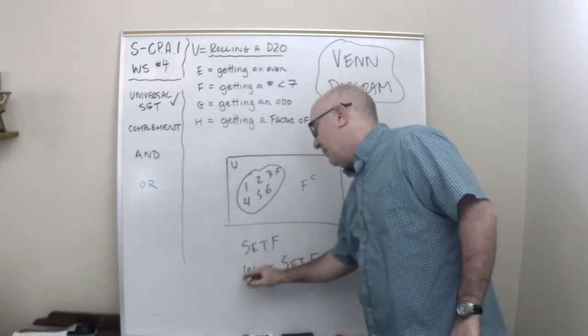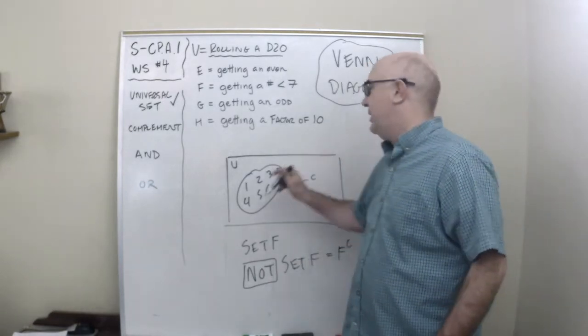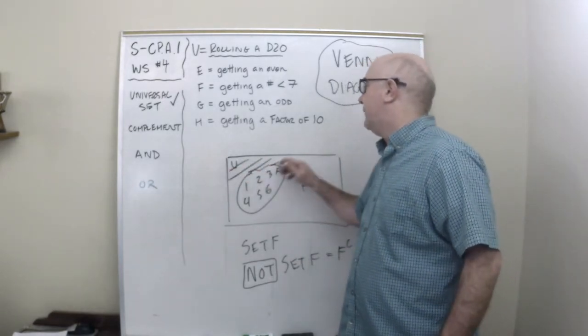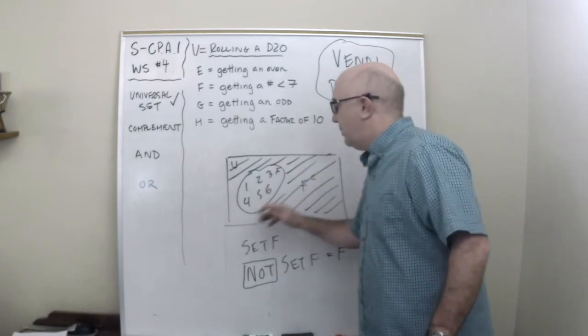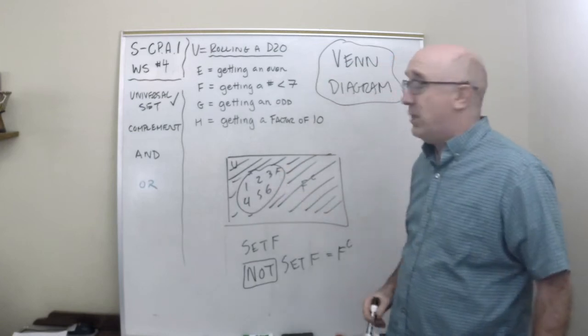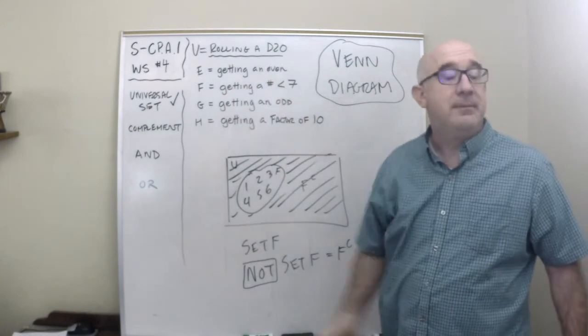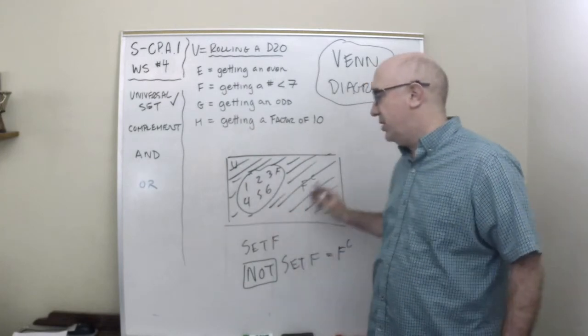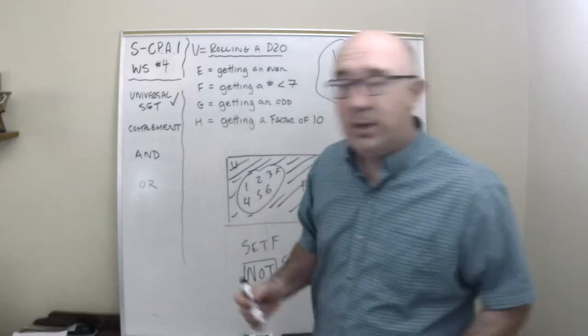And really it represents the word not. So not F would be out here. If I was shading all of the region that's out here, this would represent everything that's not in F, which is 7, 8, 9, 10, 11, 12, 13, 14, 15, 16, 17, 18, 19, 20. That is what is out in this region here. So the complement is everything that is not what you're looking at.